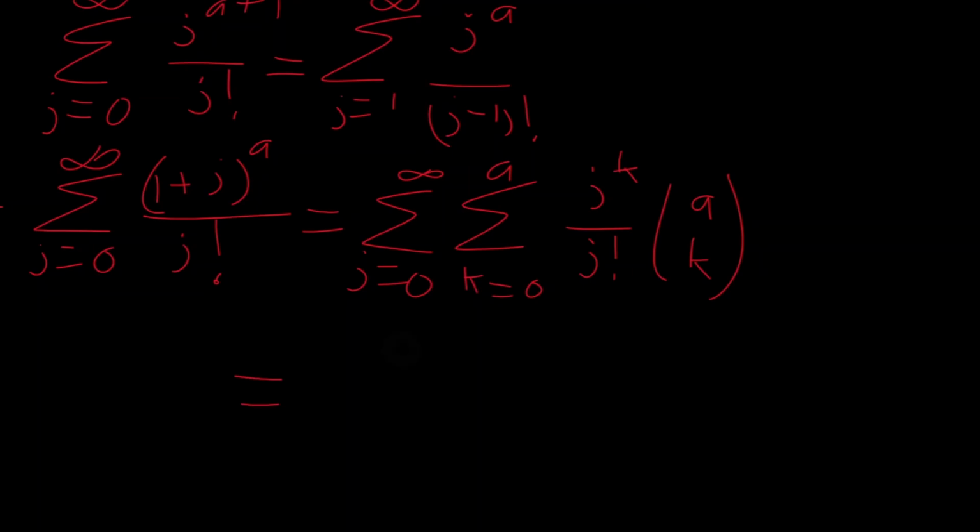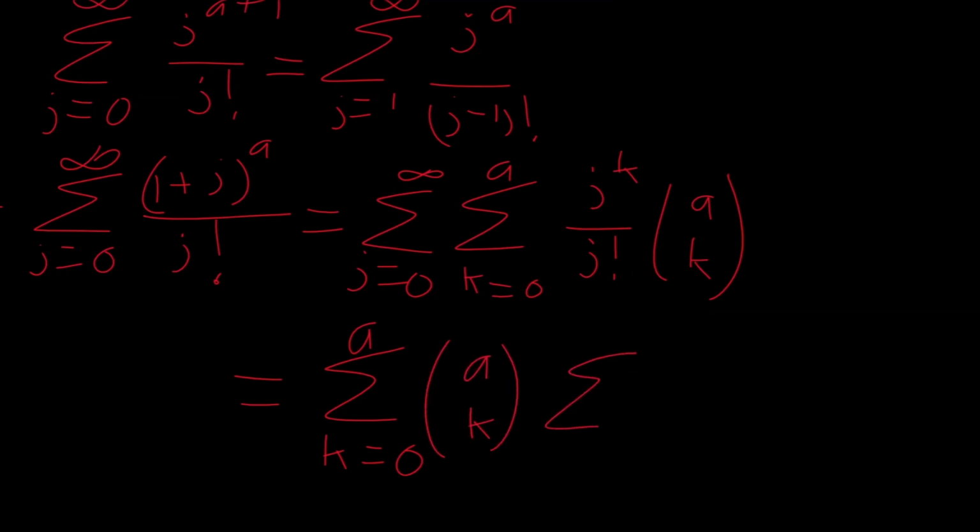Rearranging it would actually be more helpful to see this better. So let's put the k sum out front. So this is k equals 0 all the way up to a, and now we have a choose k, and then we have our sum from j equals 0 to infinity of j to the k over j factorial.